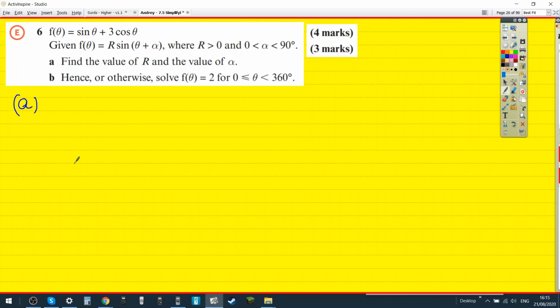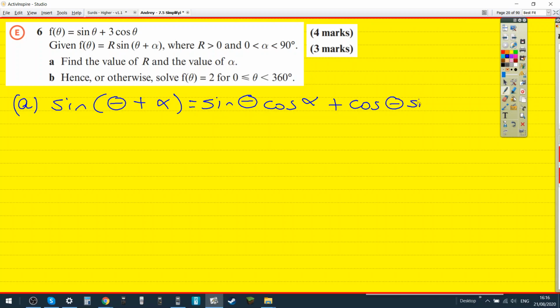So sine theta plus alpha, I need to find out the formula for that. Do you know it? No, I'm not sure. It's given to you. Sine theta cos alpha plus cos theta sine alpha.